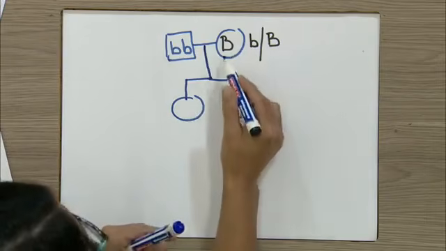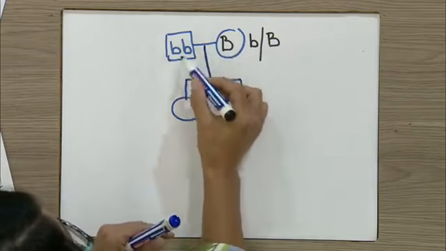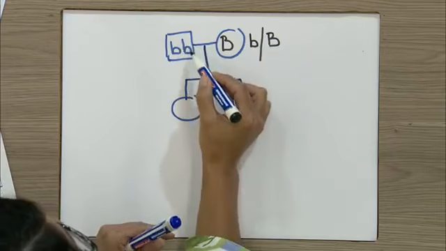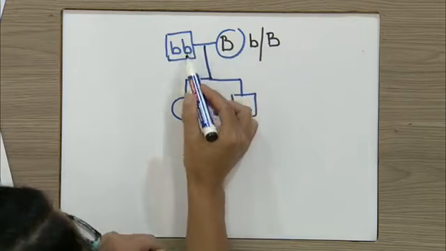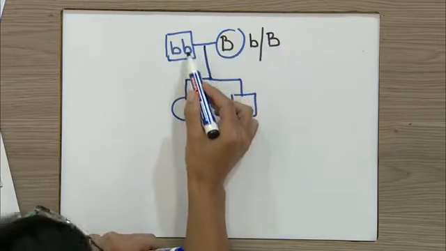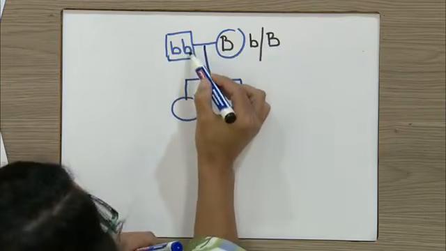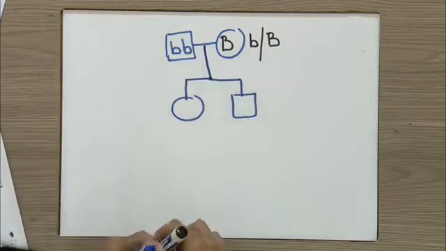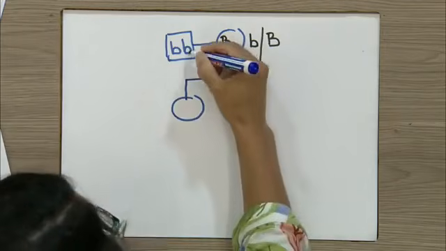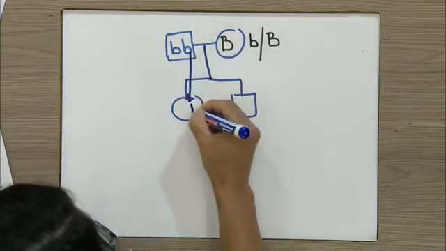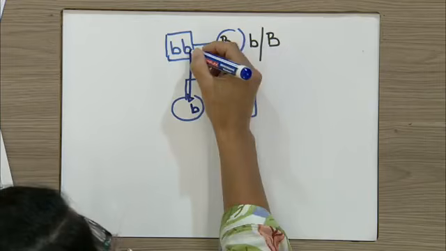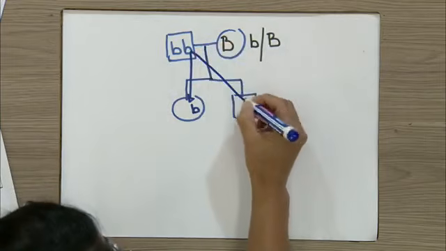Now for them to have brown eyes, let's just quickly go back to the father. Remember, each parent gives one allele. So if I stick to Joshua, the father, one of his alleles must go to each child. Say for instance, this allele goes to the daughter, that's a small b, and say the same one went to the son.